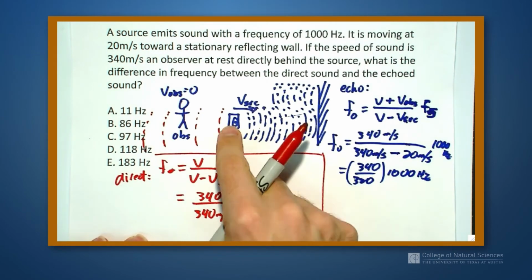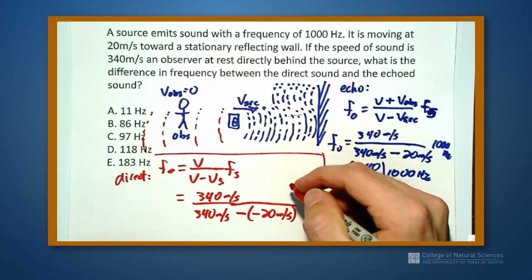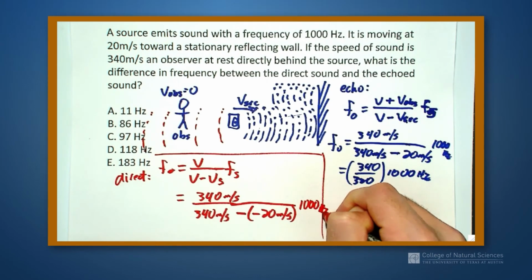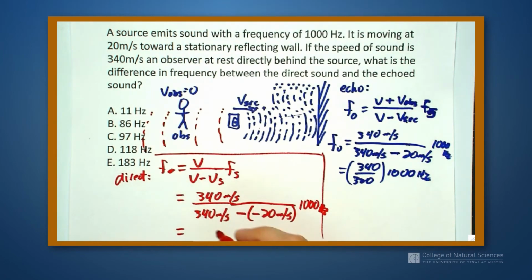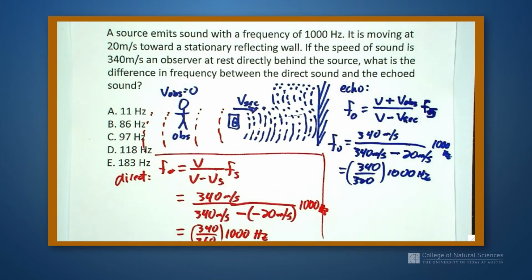My source is traveling away from the observer, so I'm getting further apart, so I introduce the sign accordingly, and then again, 1,000 hertz original signal. So this is going to be 340 divided by 360 times 1,000 hertz.